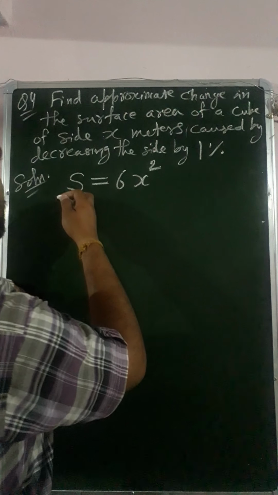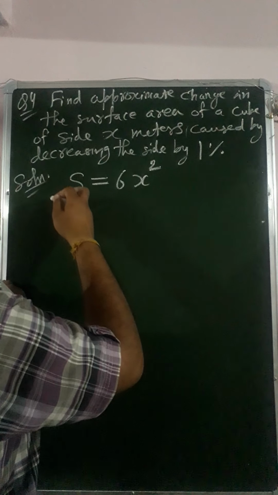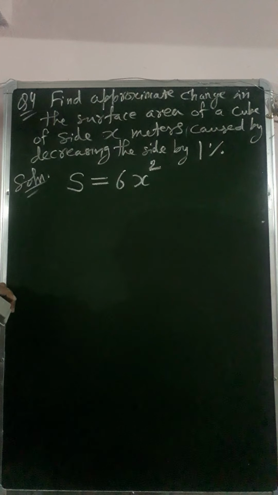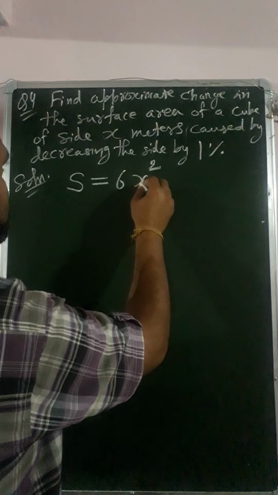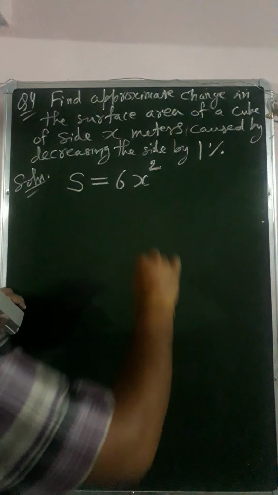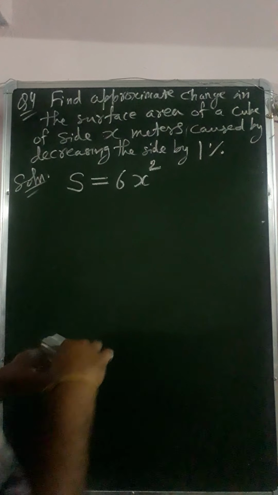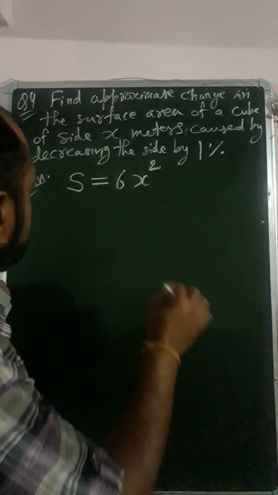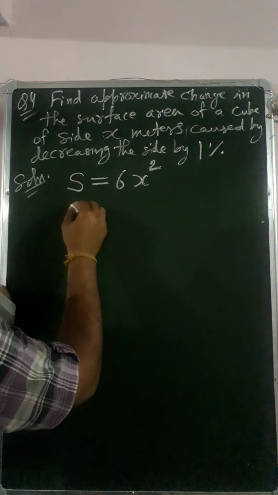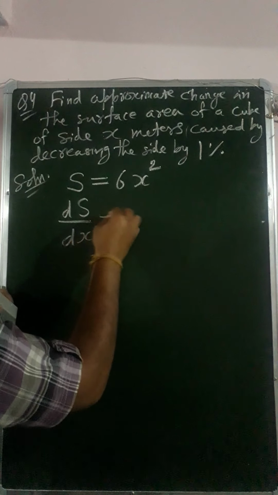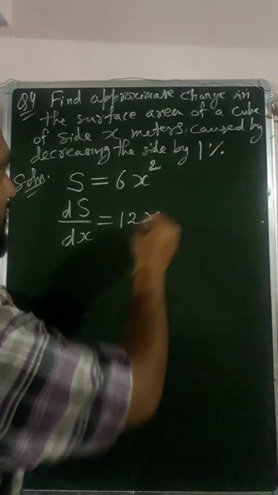Next, the side x meter is decreased by 1%. Means you have to find the change in S. So let us differentiate it first. It is dS by dx, and its differentiation is 12x.